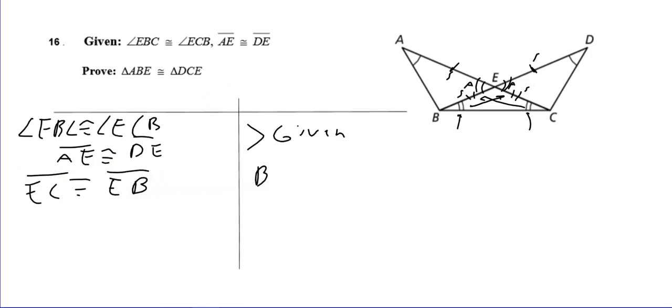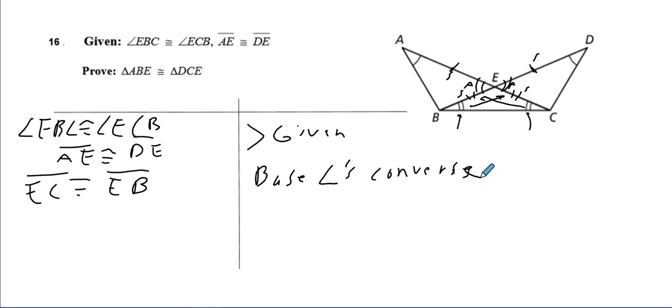And that is because if the base angles are congruent, then the opposite sides are congruent. So that's the base angles converse. Okay? Again, you get to use your notes, so you don't have to have these memorized. So base angles converse theorem.